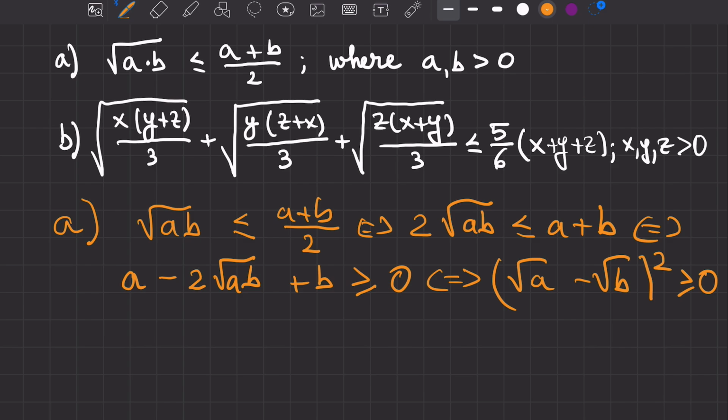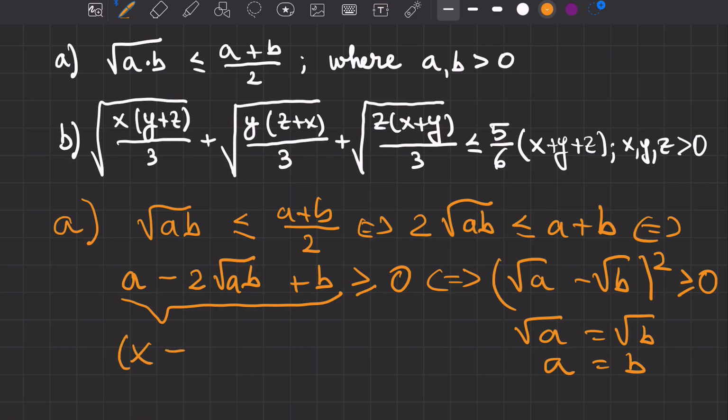And we get equality if square root of A is equal to square root of B. Both numbers being greater than 0, we get that A equals B. And in case you didn't see this part, it's actually x minus y to the power of 2, where we have taken x equal to square root of A and y equal to square root of B.